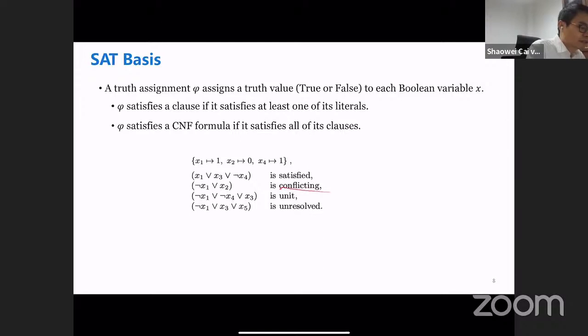And we also have a unit clause. Unit clause means that there is only one unassigned variable in the clause, and all other literals are falsified. So for other remaining cases, we say a clause is unresolved.